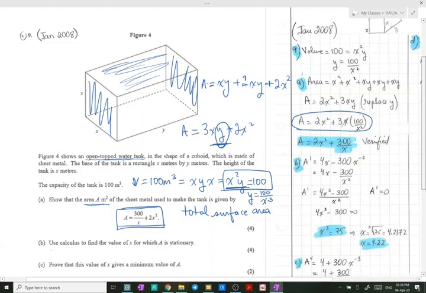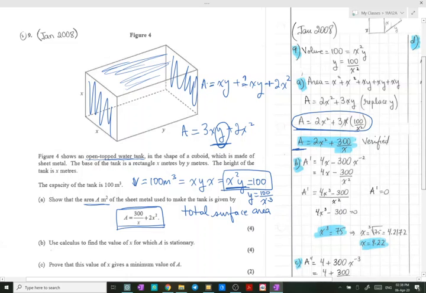Part B, use calculus to find the value of x for which A is stationary. So when A is stationary, it means the derivative is 0, therefore you have to differentiate A. In order for you to differentiate A, you need to write A in a form that we can use.